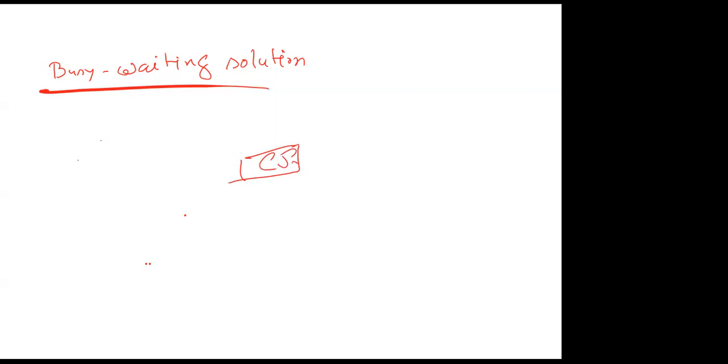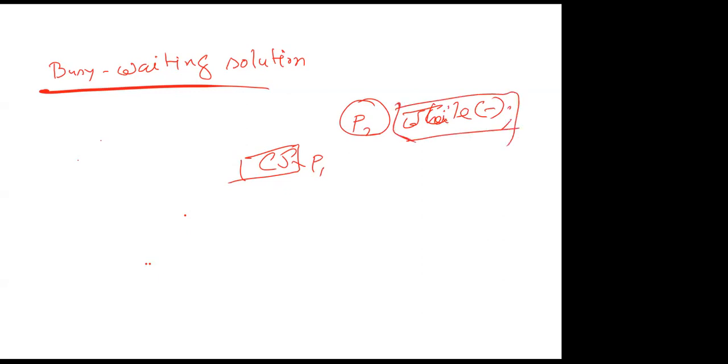If a process is inside the critical section, then another process will execute an unnecessary while loop. It always loops through this kind of while loop. So this is called a busy waiting solution.